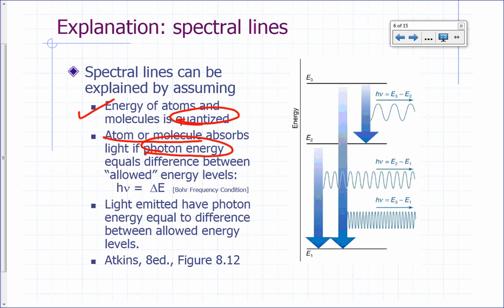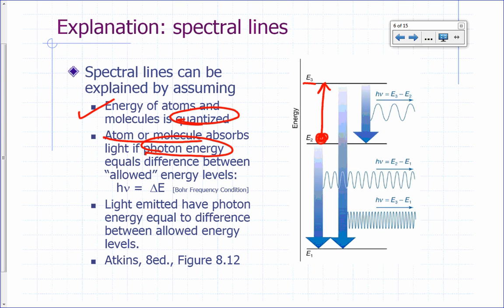In other words, let's say I have an atom with this much energy, E2, right here. In order for the atom to gain energy, the next higher energy, let's say allowed, is E3.